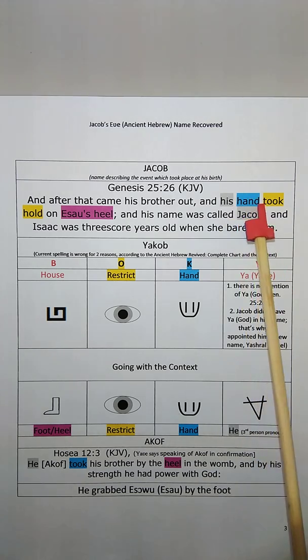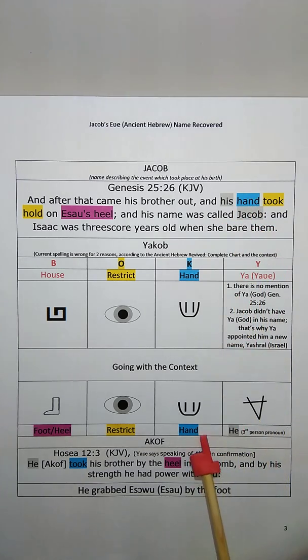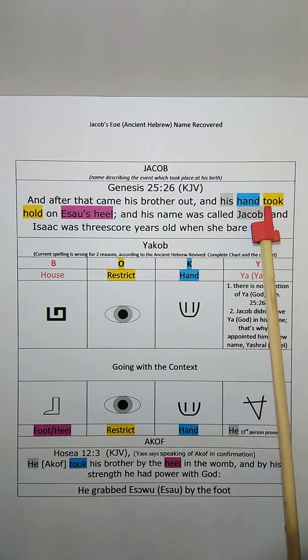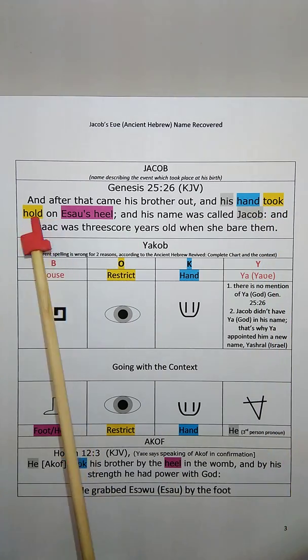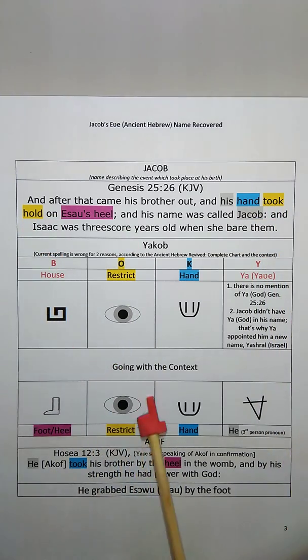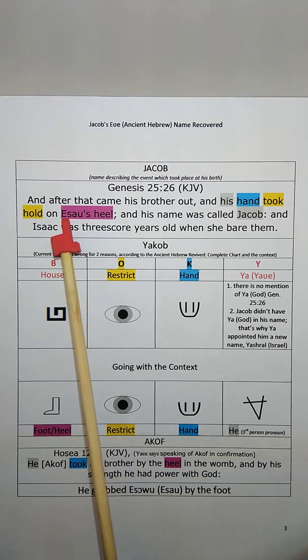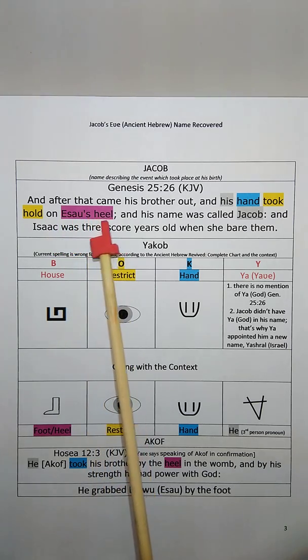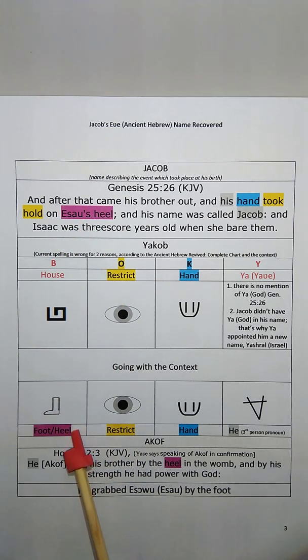And then we have the hand, that is the ka, the hand in the ancient Hebrew. And then we have the took hold on. Okay, that's the o. It means to restrict. And then the fourth thing is Esau's heel or his foot, and the foot symbol in the ancient Hebrew, in the Eve, it is the foot. Okay, so altogether we have Akov.